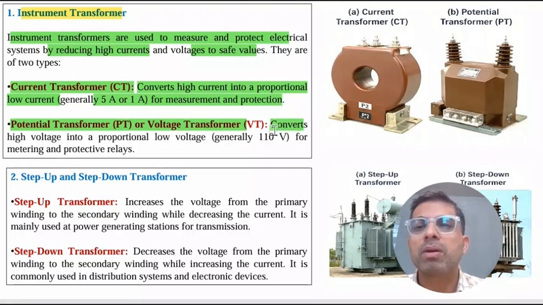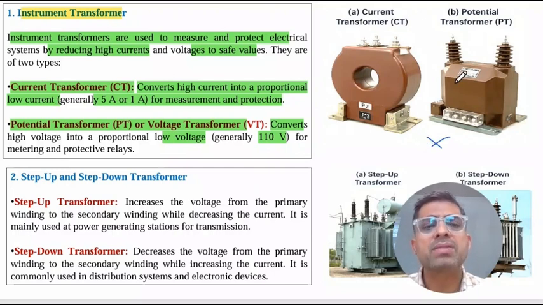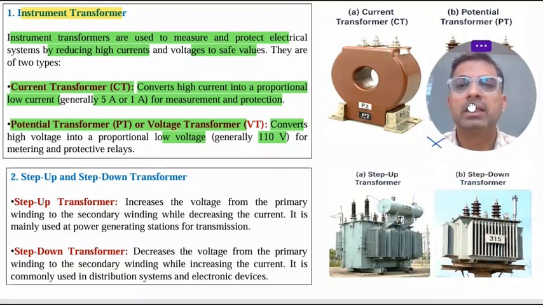This voltage transformer will convert high voltage into low voltage, typically 110 volt, for metering and protective relays. So these are the diagrams, which need not be drawn in the examination, but this is what the current transformer and voltage transformer look like in real, and you might have seen this transformer somewhere on an industrial visit or in some industry.